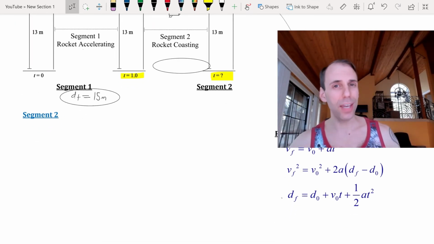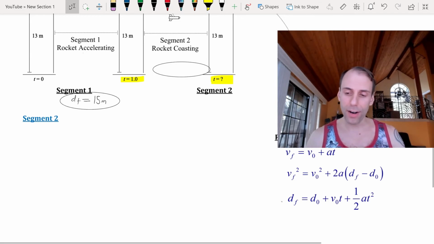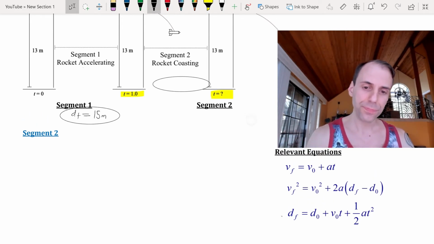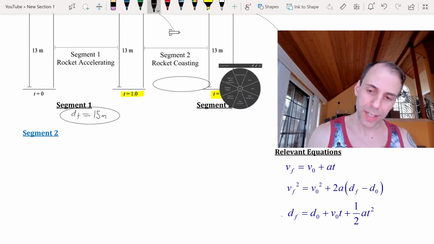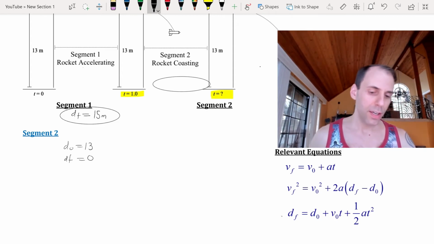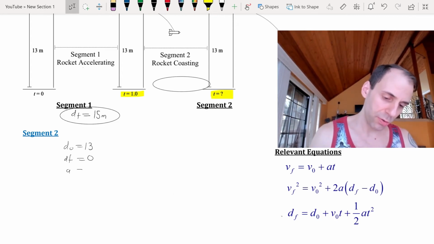So again, same thing, state our givens, we look at our equations, and maybe we can make sense of it from there. So it begins at a height of 13 meters in the air. It ends on the ground. There's an acceleration straight down of -10.